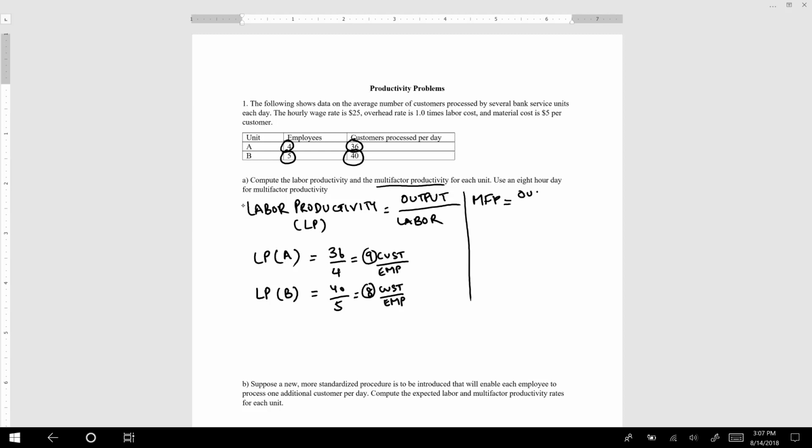So the formula would be output divided by, so the inputs will be, we have employees, so we will have a labor, plus we have material cost, that means we will have a material, plus we have an overhead rate, so that will be another input.